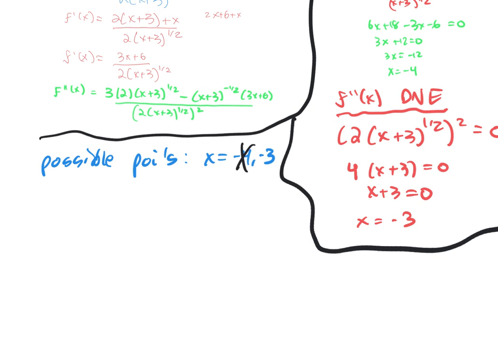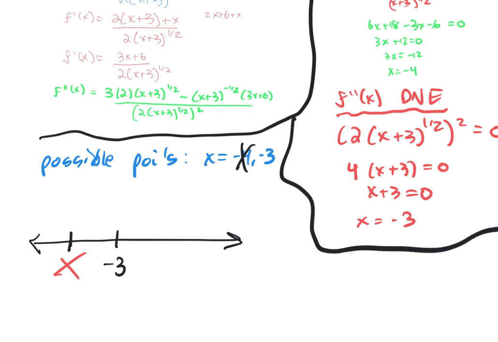So when we go to create our interval, when we go to test it for its concavity, we're really just going to focus on -3. And again, you could plug something in to the left, like a -4, or something between -3 and -4. You would realize that everything over here just simply doesn't work, that it's not defined. And that would just reveal itself when you go to plug in those numbers.